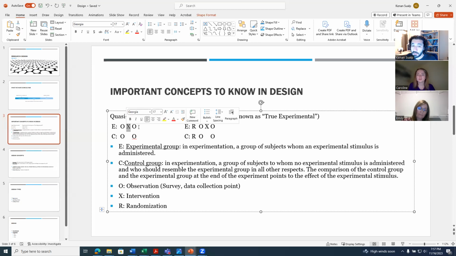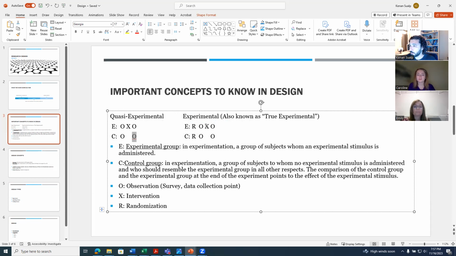After the intervention, I measure their depression levels again to see if my intervention made any impact. Those O's are observations. That's pre-test, that's post-test. Pre-observation, post-observation. Pre-test, post-test. Okay?